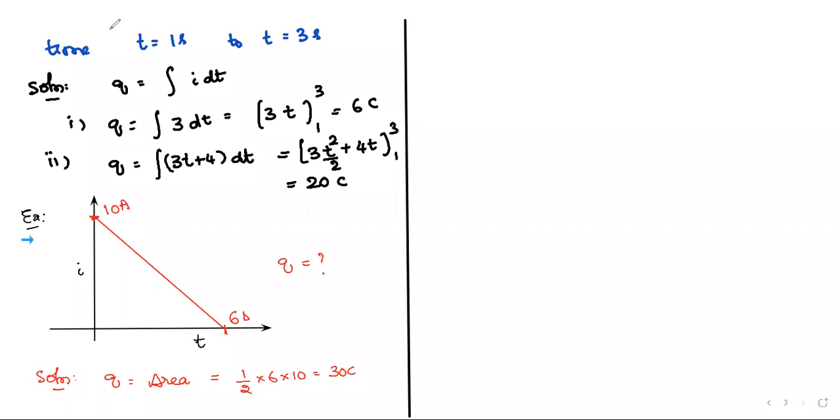Related to the other graph, again one small question you can solve. That is the Q and T graph. You can easily solve this one. Here I am giving this time Q and T. The angles here are 45 degrees and 15 degrees.